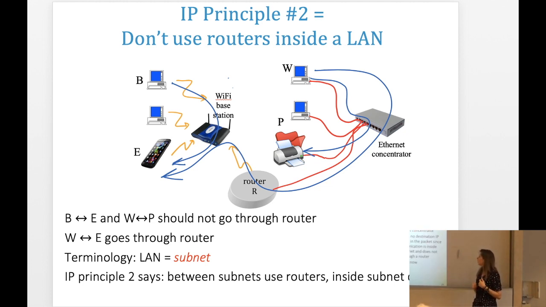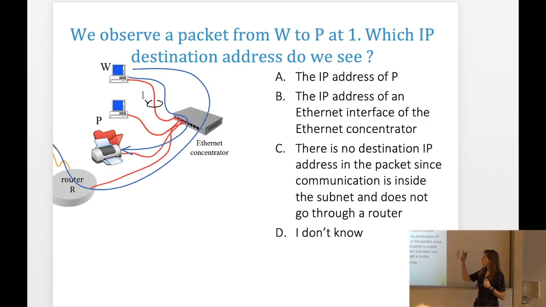So now consider that we send a message from W to the printer P. In a local area network, we don't have to go through a router to another local area network. What would you think would be the IP destination address that we would see in the packet here at 1, so before the Ethernet concentrator?